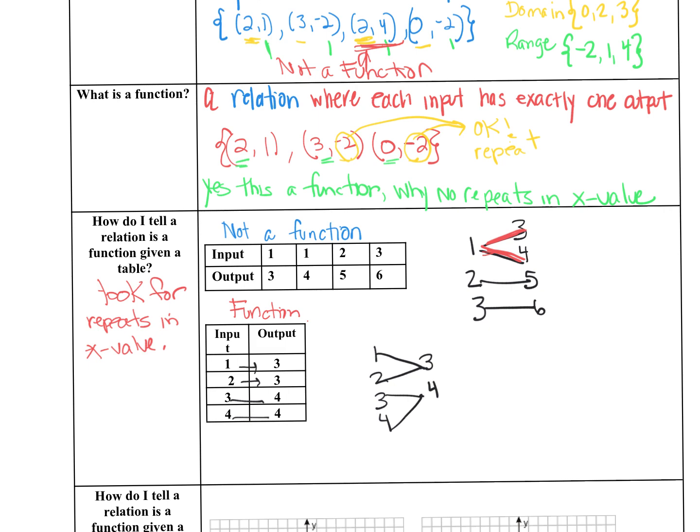So if we look at this right here, we can see that for each one of these, we have one value going to one value. We have the second value going to that value. Remember what we talked about up here is that it's okay to have this and this, okay? That means that there's repeats in there. There's a repeat of 3 here and a repeat of 4 here, and it's okay to repeat there.